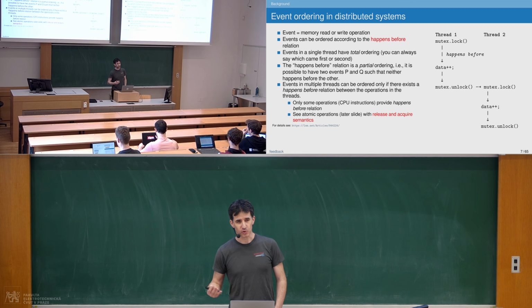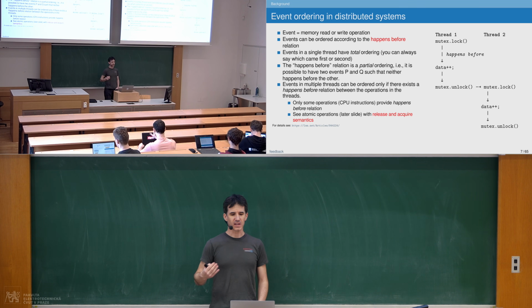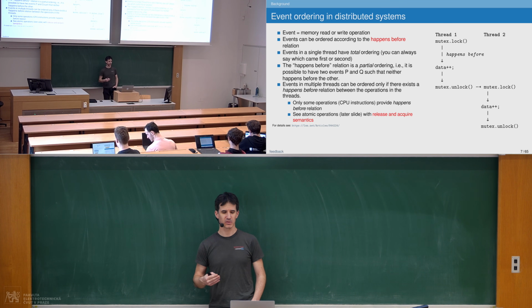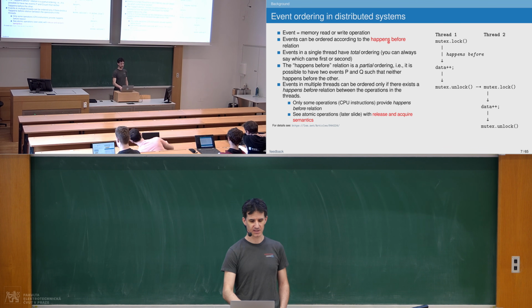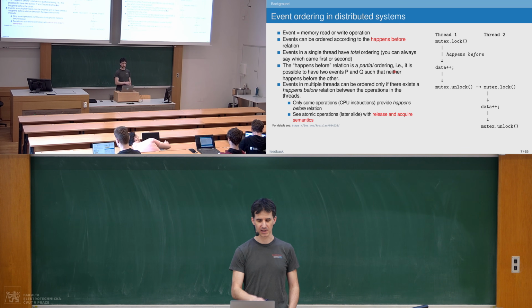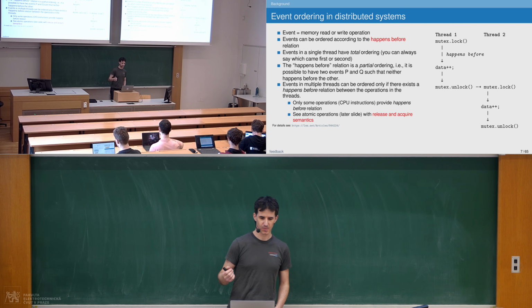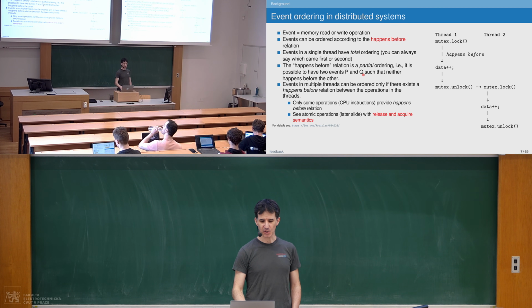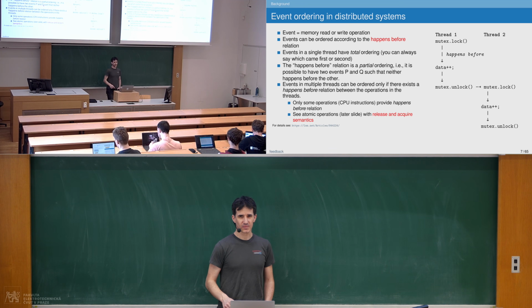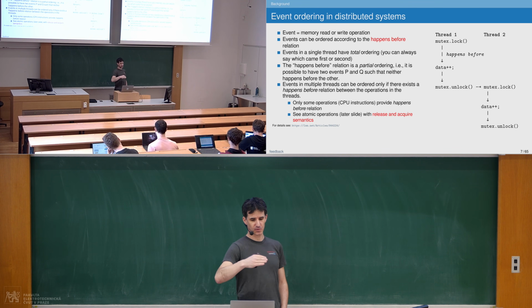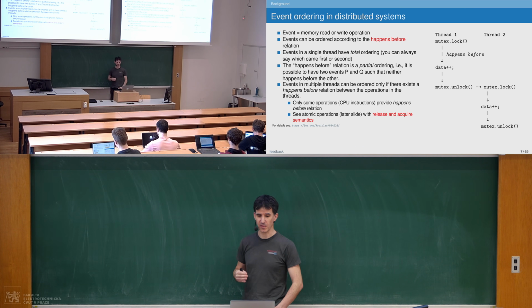For the purpose of talking and reasoning about synchronization, people define a relation which is called the happens-before relation. And the key property of this happens-before relation is that it's so-called partial ordering. Partial ordering means that if there are two events, let's say P and Q, you cannot say which event happened first and which was the second, because it's simply not defined.